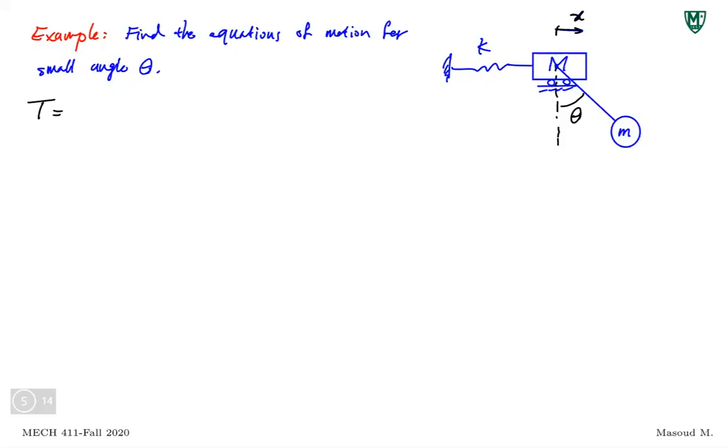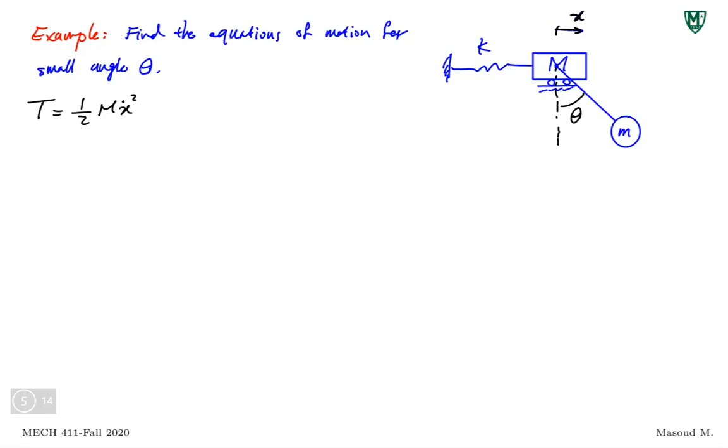Let's see how we can find it for this system. I have a cart moving back and forth, so it's a translational mass. That's pretty straightforward: 1 over 2 m x dot squared. Now I have two options.